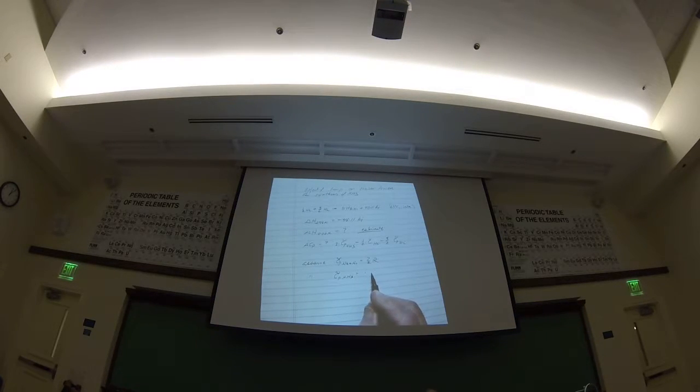Then we add R for the heat capacity at constant pressure, so it's just 4R. And then you see that delta Cp turns out to be minus 3R.